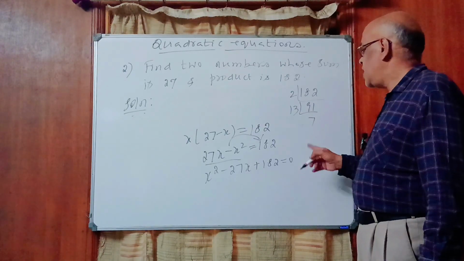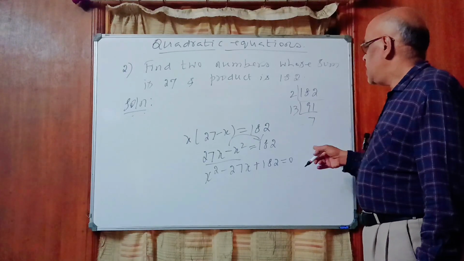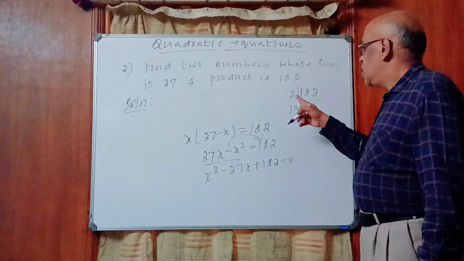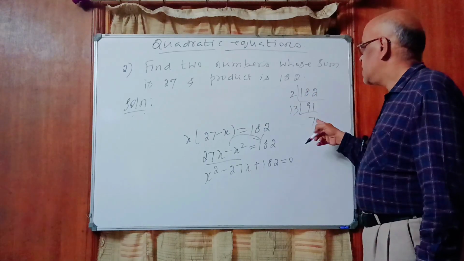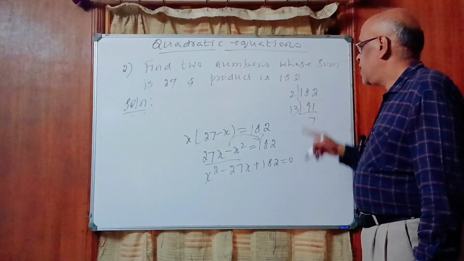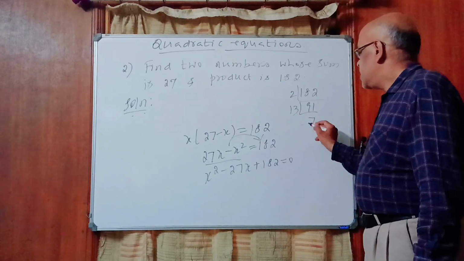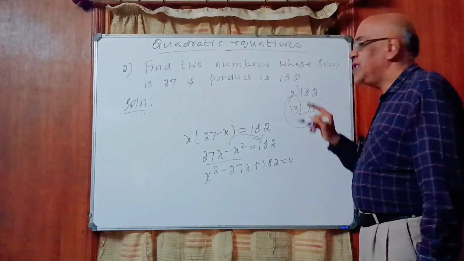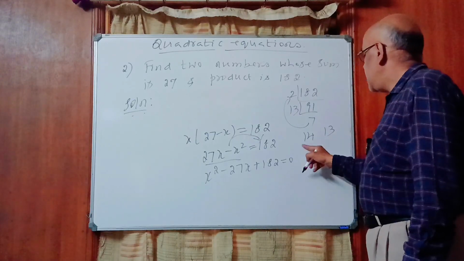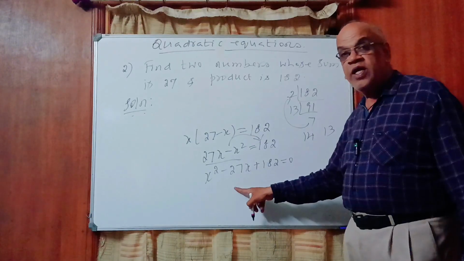What are the two numbers? 13 twos are 26. 7 twos are 14 and 13. So which two numbers did we get, children? 13 and 14.